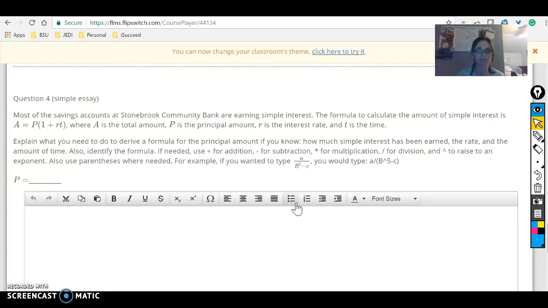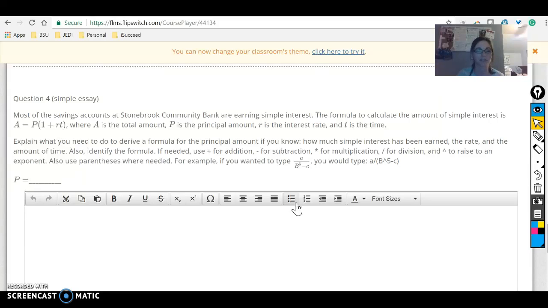Explain what you would need to do to derive the formula for principal amount if you know simple interest, rate, and the amount of time. Also identify the formula.